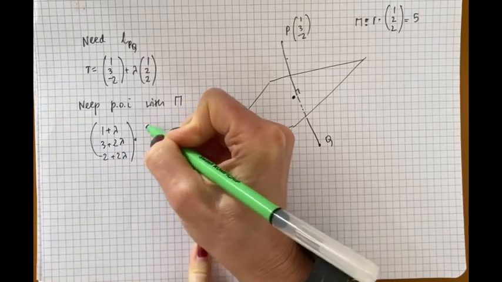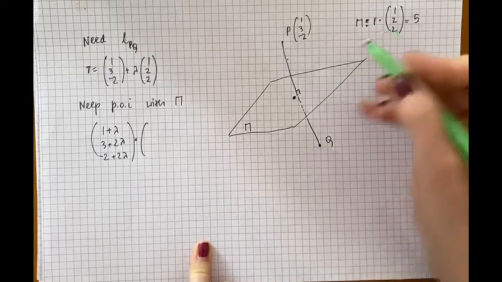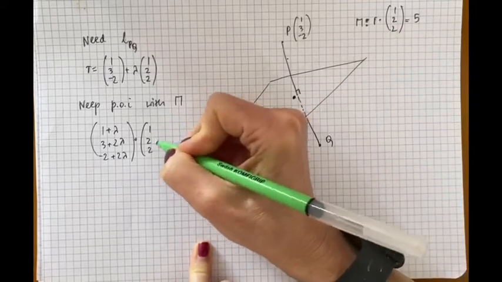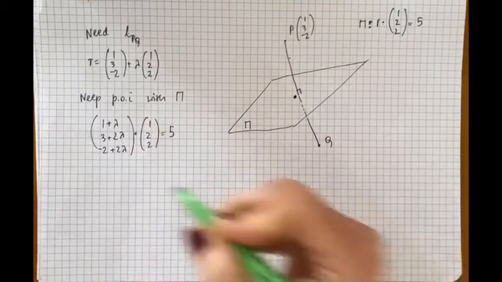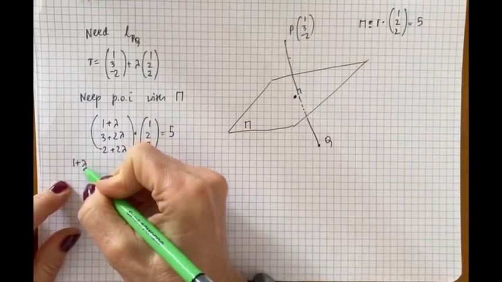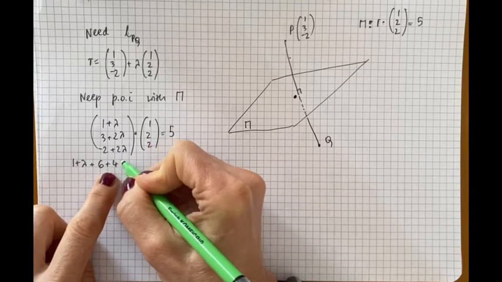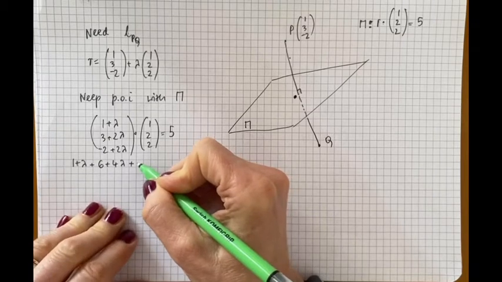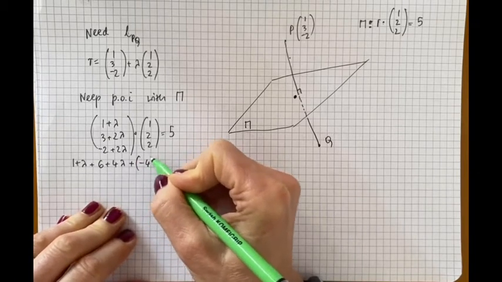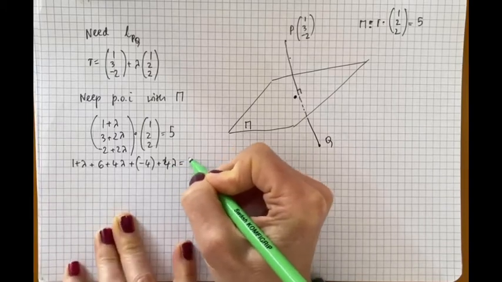Let's dot it together with the plane. There you go. So it's going to be 1 plus lambda, plus times that by 2 is 6 plus 4 lambda, times this one by 2 is minus 4 plus 4 lambda, is equal to 5.